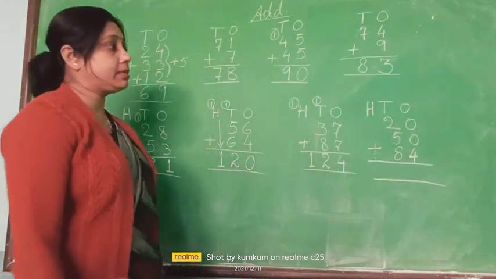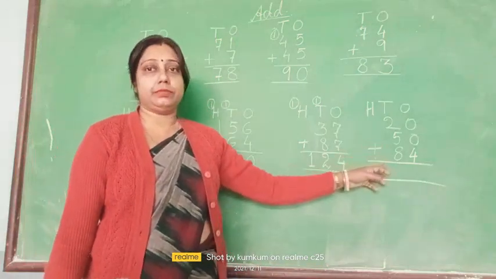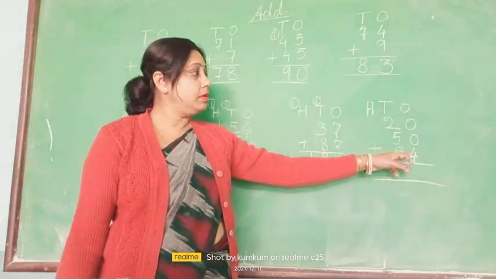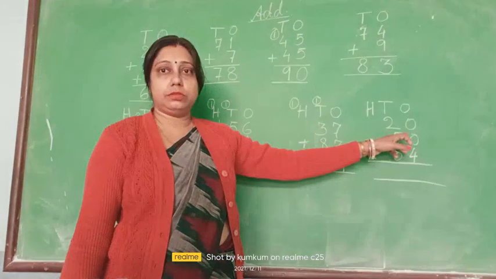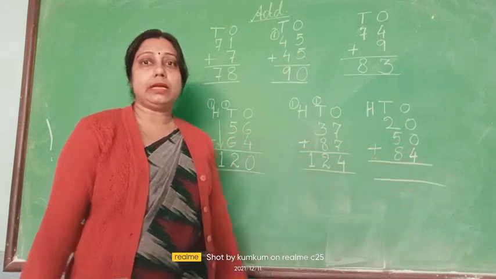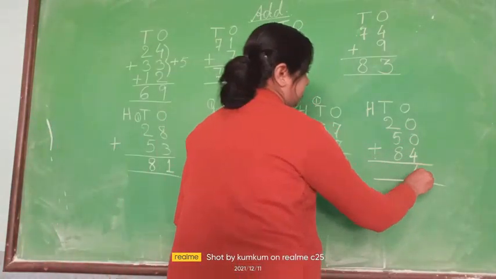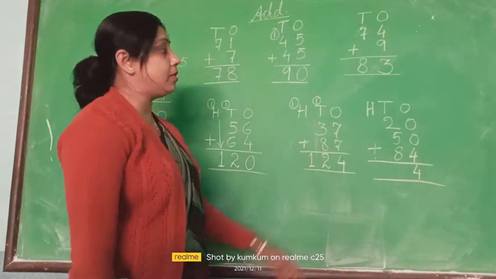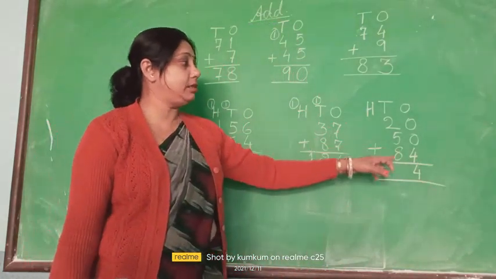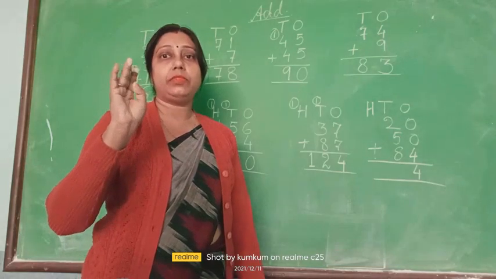Now the next question, 20 plus 50 plus 84. Now see, both are 0, 0 has no value, and 4. So only 4 will come down. And now we have to count the tens house. After 8, 9, 10, 11, 12, 13.